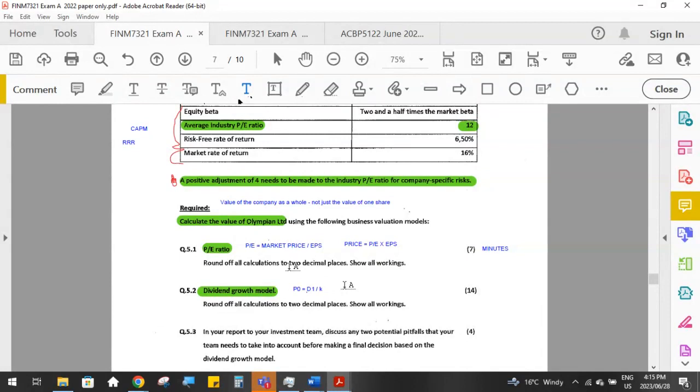Sorry, I get a bit OCD with these. I want them in small letters, okay? That's our dividend growth model.